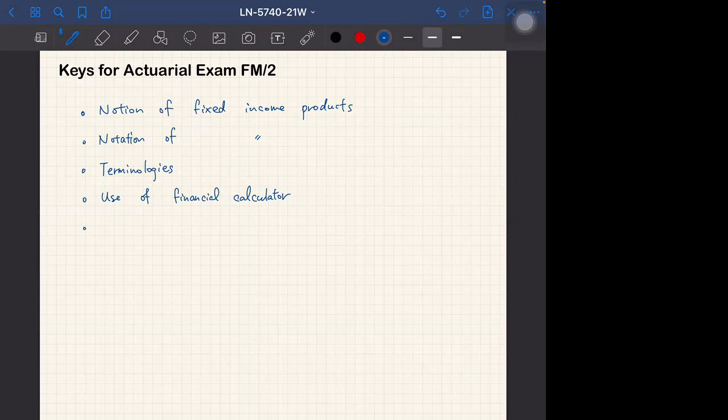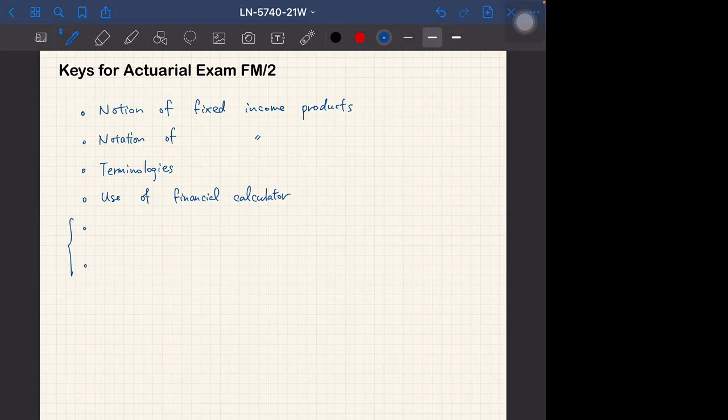For example, we have complicated payments and also refunds or something. If there is a complicated cash flow, we have to calculate the interest rate from the complicated cash flow. We need a financial calculator to solve it. So we cannot solve the complicated equations mathematically. And these are basically the keys.